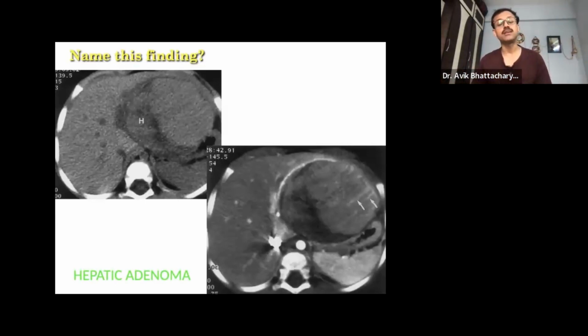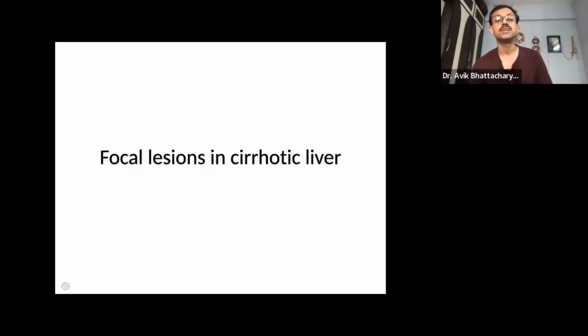Now the challenges to us are a lesion in a cirrhotic liver or a lesion in a patient with chronic hepatitis B infection. Here we follow the LI-RADS classification, and I'll be giving an overview of how we characterize the lesion in a cirrhotic patient or in chronic hepatitis B virus infected patients using different modalities, mostly the triple phase CT scan or triple phase MRI.